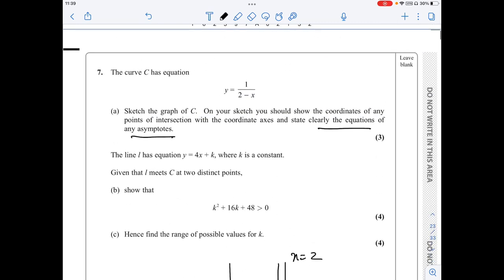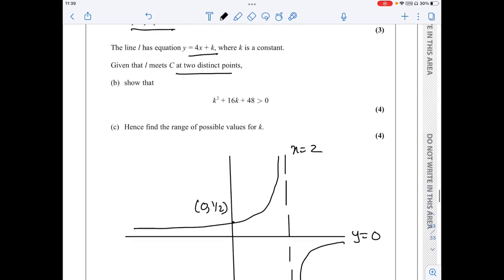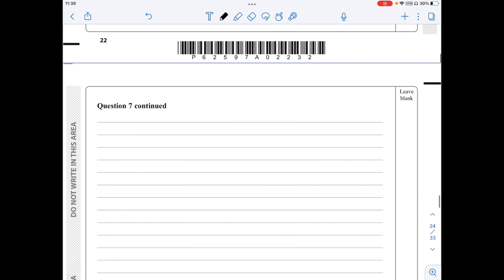Next, the line y equals 4x plus k meets C at two distinct points. Show that. So y equals 4x plus k, so 4x plus k equals 1 upon 2 minus x. So (4x plus k) times (2 minus x) equals 1.